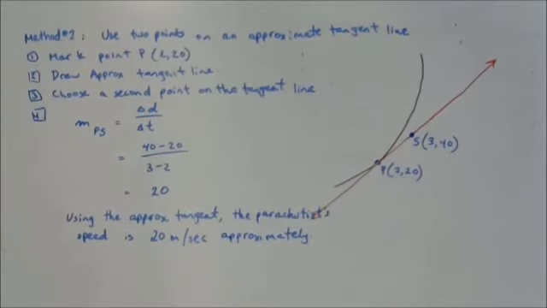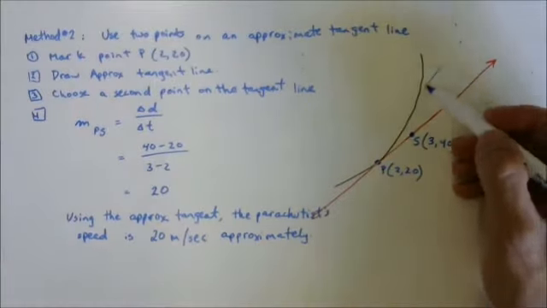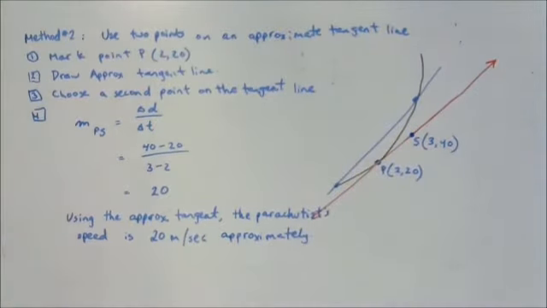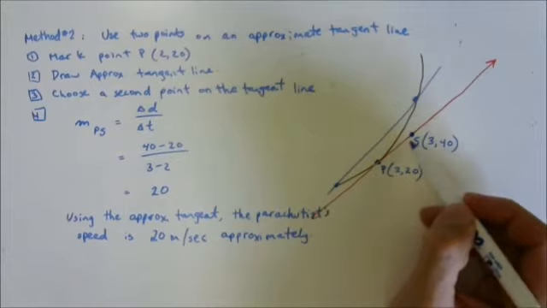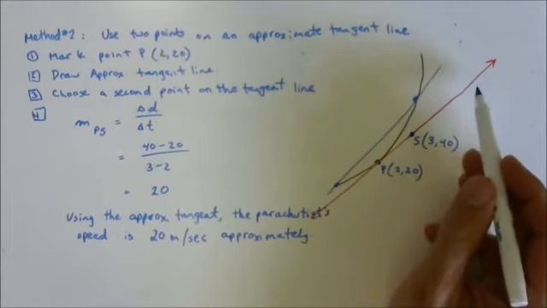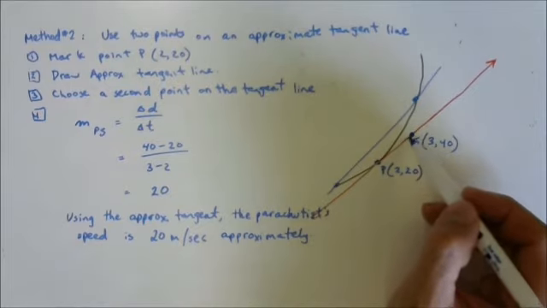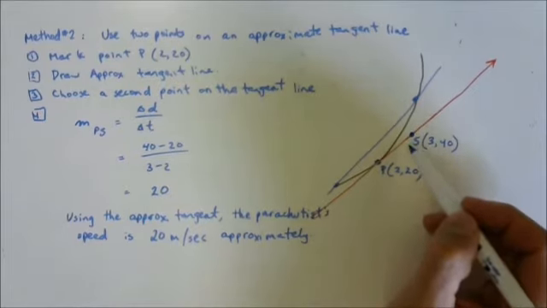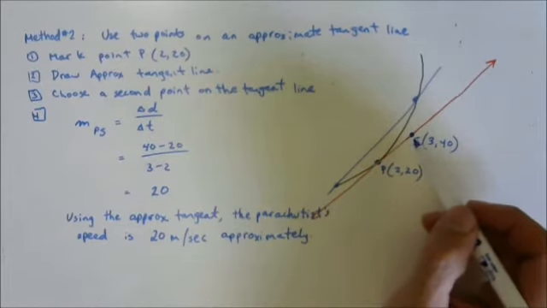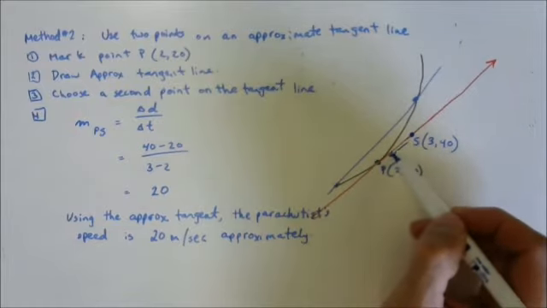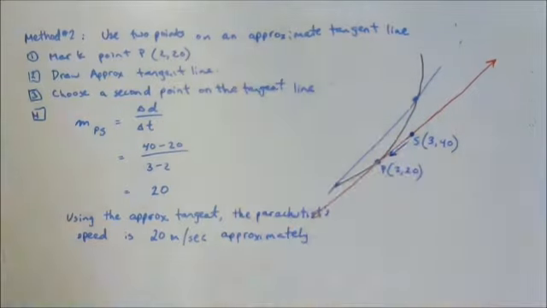This method with the red line is determined by the skill of your hand in drawing an accurate tangent line and the accuracy of the second point that is on that line. But also in both methods, the closer our second point is to point P, the more accurate we can be.